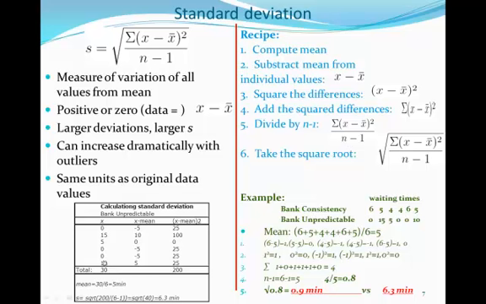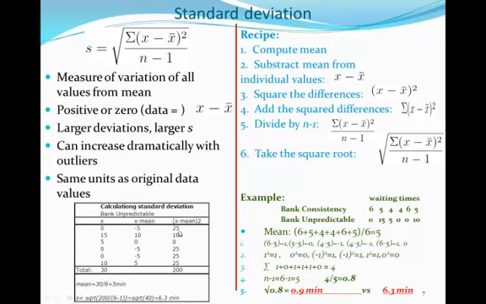We put it down vertically, and we compute the mean. The mean is you add up all the data values: 0 plus 15 plus 5 plus 0 plus 0 plus 10 gives you 30, and divide by 6, we get 5 minutes. So we put in x bar here, and we subtract the mean from x, we get -5, 10, 0, -5, -5, 5, and we square x minus x bar.